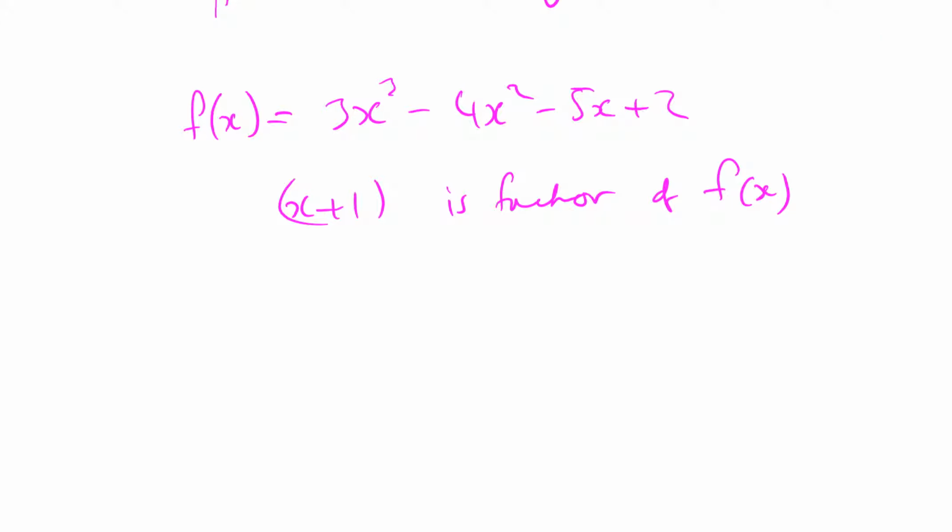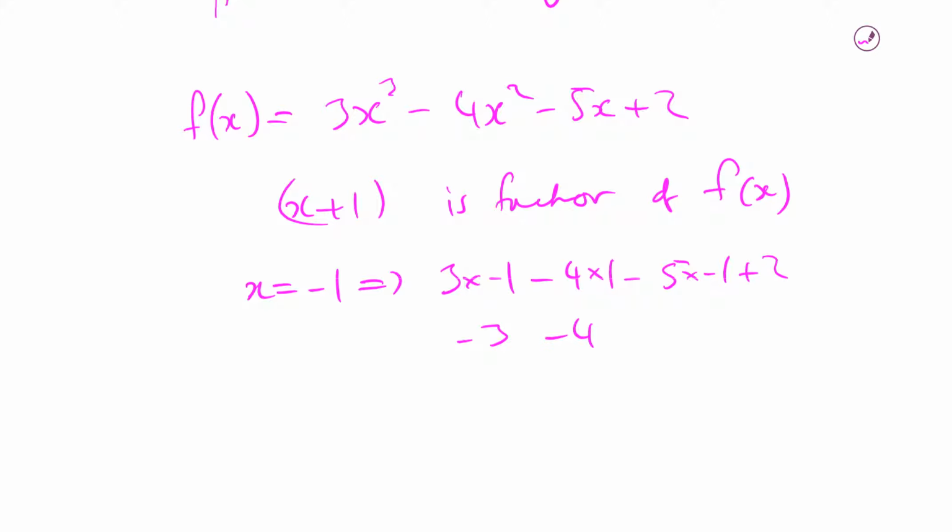So x equals minus 1 gives you, we're expecting it to be 0, so 3 times minus 1 cubed is minus 3, minus 4 times 1, minus 5 times minus 1 plus 2, so that's minus 3, minus 4, plus 5, plus 2, 7 minus 7 equals 0. Cool, so we proved it.